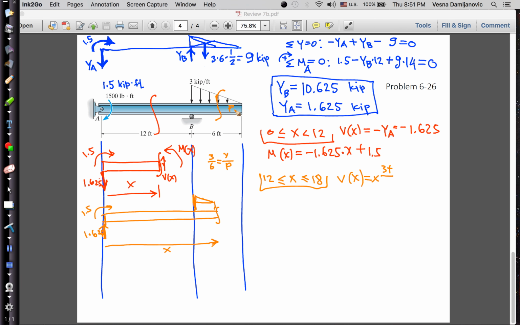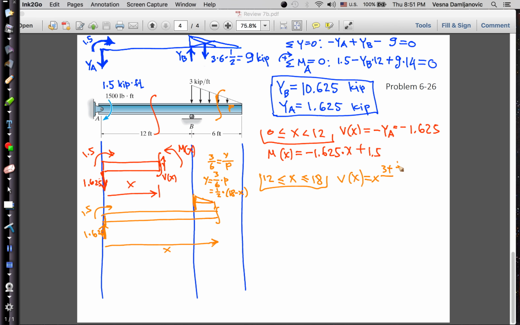Okay, and so we know what P is. That's the whole span minus X, right? So from here we get that our Y is equal to 3/6 times P, and P will be, I will write it again, is equal to 3/6 is 1/2 times, and we said the P is the whole distance minus X. The whole distance is 18 minus X. Okay, and so that's what I put here.